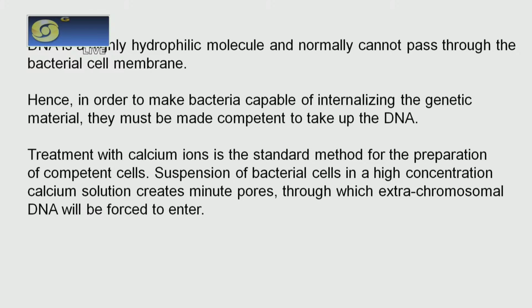In order to make bacteria capable of internalizing the genetic material, they must be made competent. Treatment with calcium ions is the standard method for the preparation of competent cells. Suspension of bacterial cells in a high concentration of calcium solution creates minute pores through which the extra chromosomal DNA will be forced to enter.